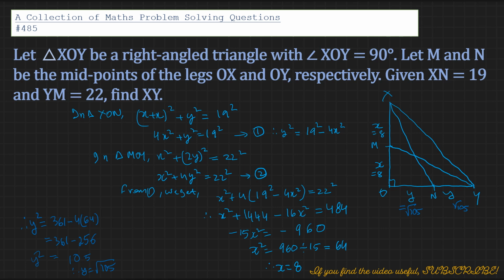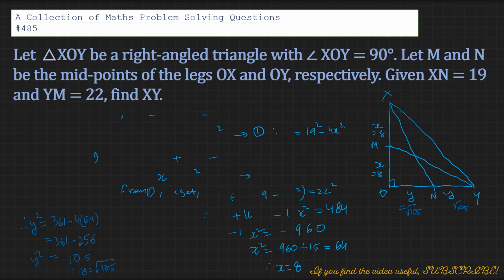So now we have to find out what XY is. To do that, I have to erase this stuff off. So I think you can work out on your own.